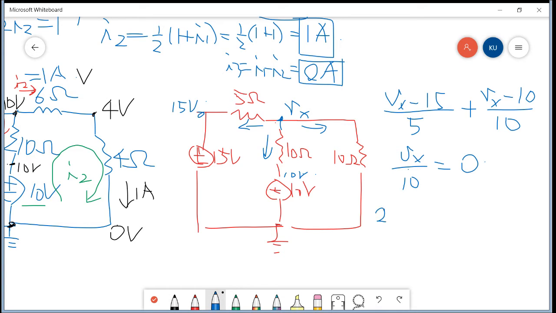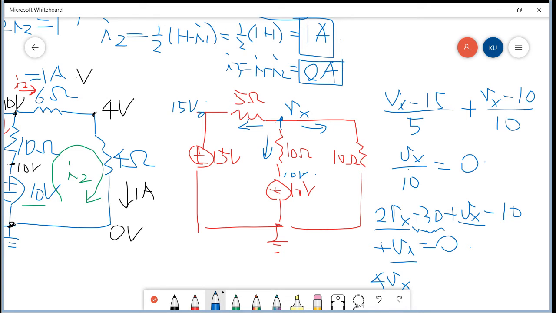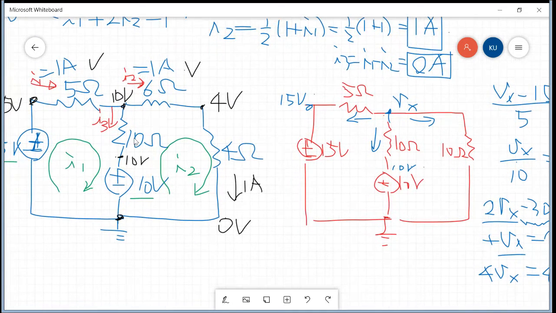So we have 2Vx minus 30 plus Vx minus 10 plus Vx equals to 0. So we have 2Vx, Vx, Vx, totally 4Vx, and then minus 30, minus 10, so totally minus 40. And then we move it to the right hand side, so it is 40. And finally we get Vx equals to 10 volts, which is actually the same as here.